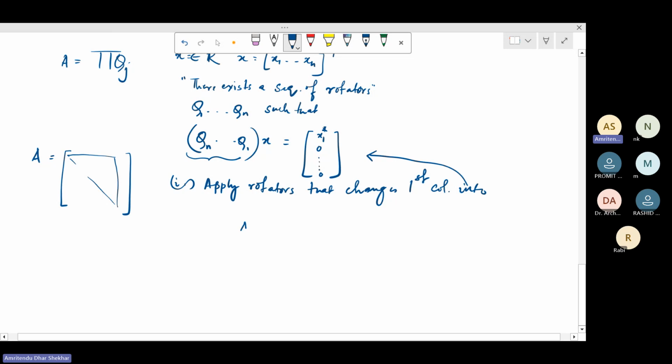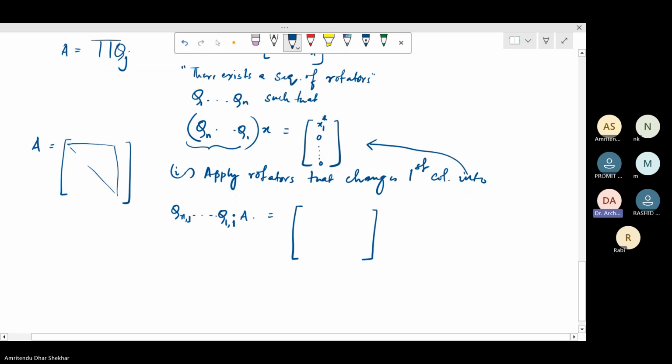So you start off with A and apply a sequence of rotators. Let's call them Qn comma 1 up to Q1 comma 1, which if we apply on A, then your matrix now looks like this. Right. The first column has now become only the first entry of this first column is non-zero.